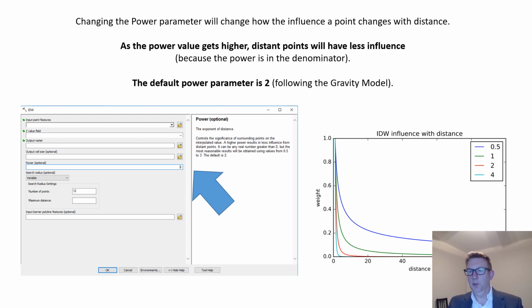But even with an exponent of 2, the influence of these points is almost nothing by the time you get out to 20 units. Whereas if you used an exponent of 0.5, at a distance of 20, those points still have some contribution to make. But the general idea is that as the power value gets higher, the distant points have less influence because that denominator is going to get bigger very quickly.